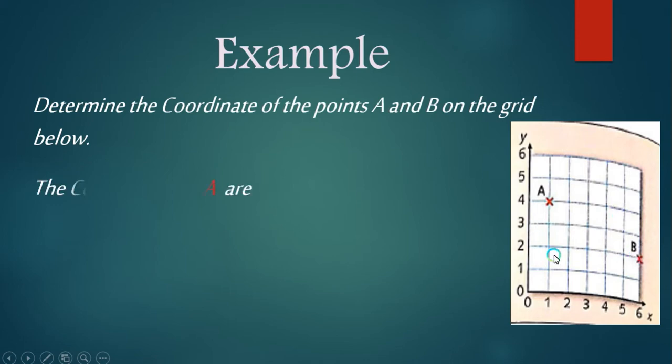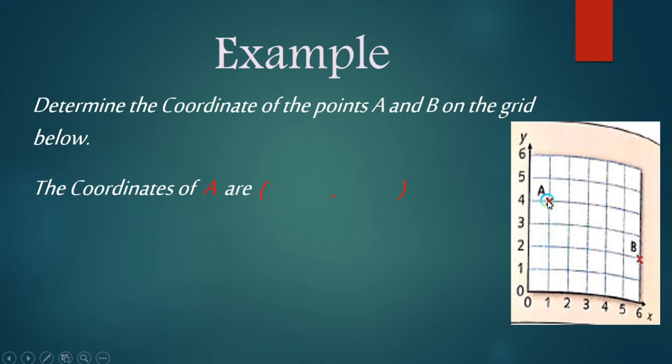So the coordinates of A: first of all I have to prepare my brackets, and I have to know what I have to write here and what I have to write on this side. On the first side I will write the x-axis.